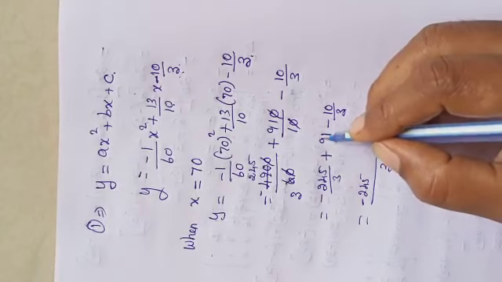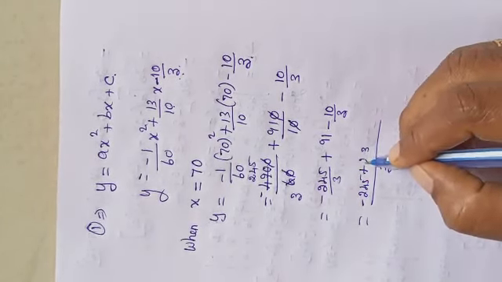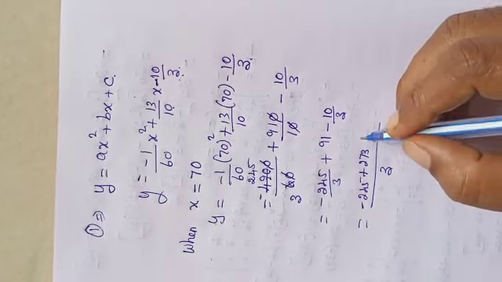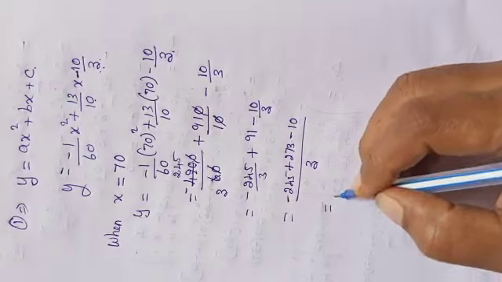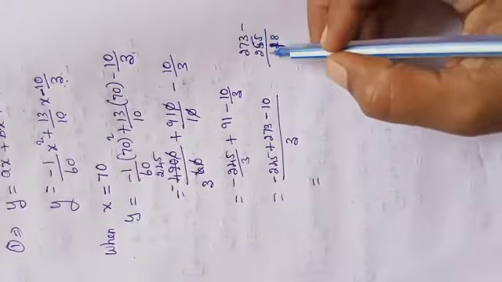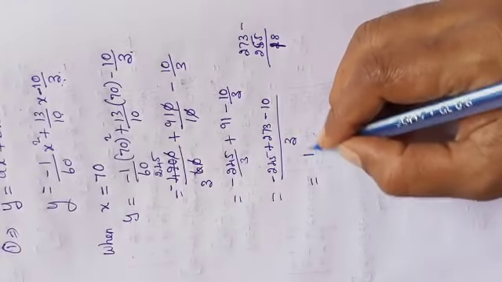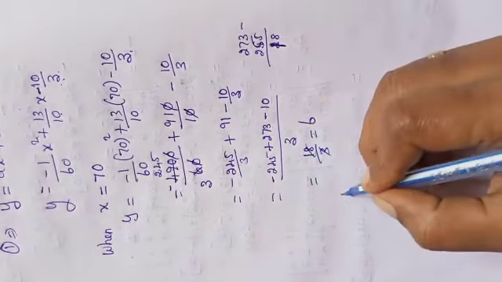Here no number is there, so we have to multiply by 3. 1 3 is 3. 9 3s are 27 minus 10. Now subtract it. See, 273 minus 255 is 18. 18 by 3. So we are getting 6.